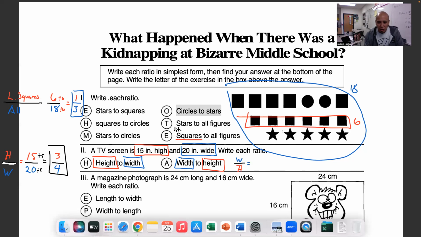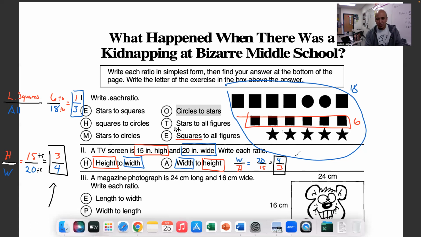Well, the width of this TV is 20. So it's going to be 20 over the height, which is 15. Now let's make sure we simplify that. Again, both of these are divisible by 5. 20 divided by 5 is 4. And 15 divided by 5 will give me 3. So the ratio of the width over the height this time is actually 4/3, which is a different ratio than what I got over here.